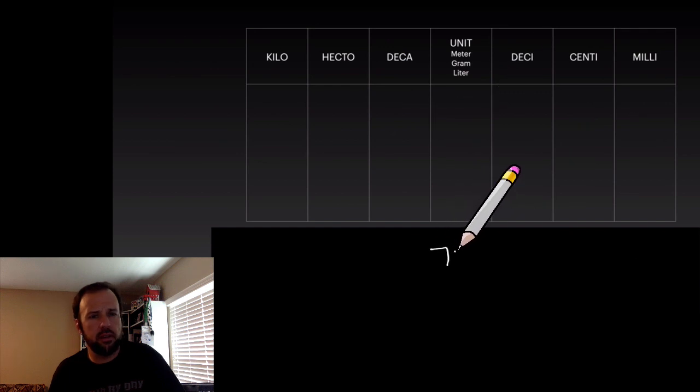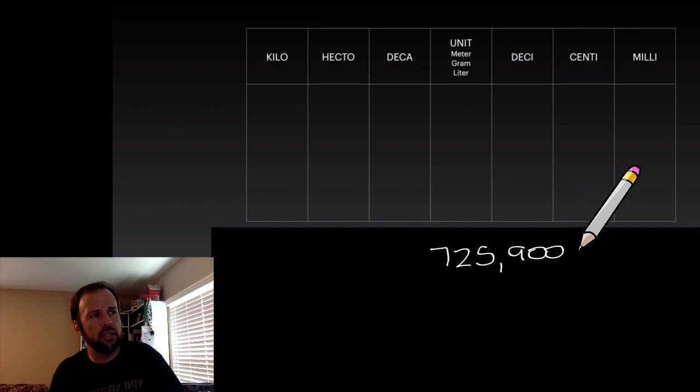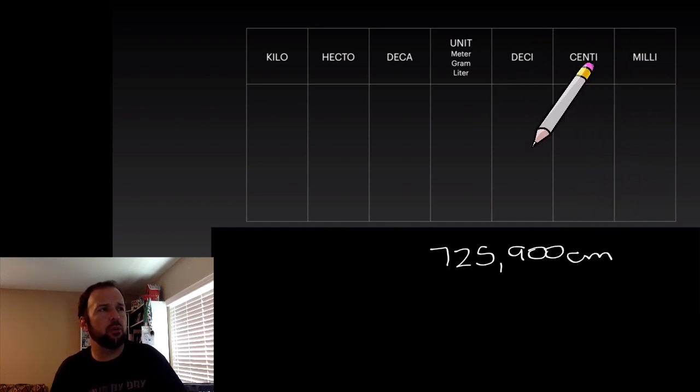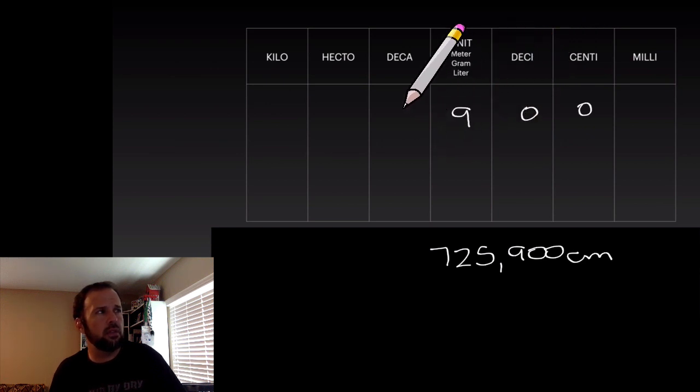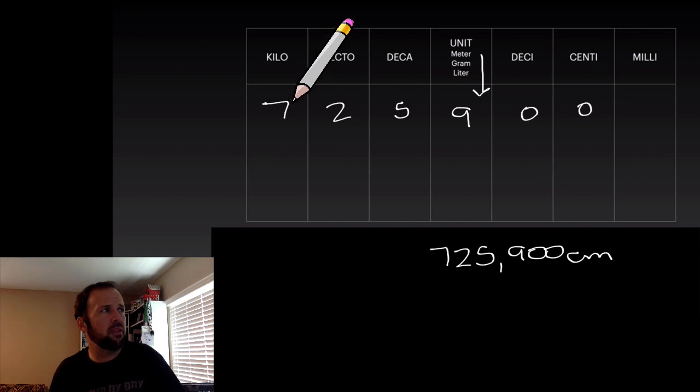I had 725,900 centimeters. All right, so if I were to write that in here, my 900 centimeters and 5 to 7, so 725,900 centimeters would be the same as, if I stopped here at the meter mark, 7,259 meters. 7,259 meters.